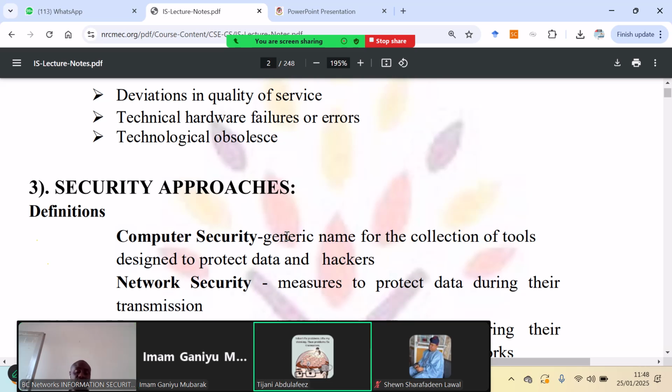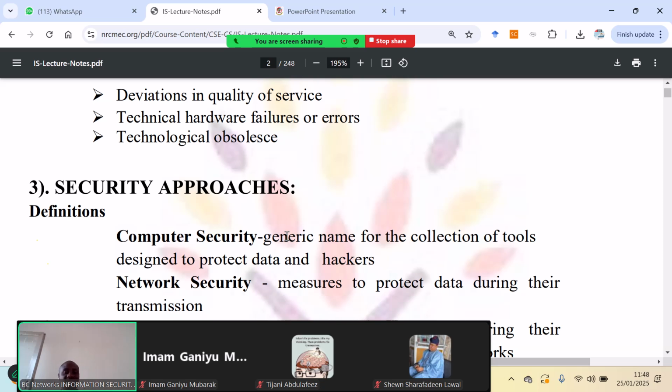So what we are trying to discuss is to justify the need for the topic and the need for information security and information security techniques. In the previous class, the physical class I had with you, I defined what information is, isn't that? Then I defined what information security is.